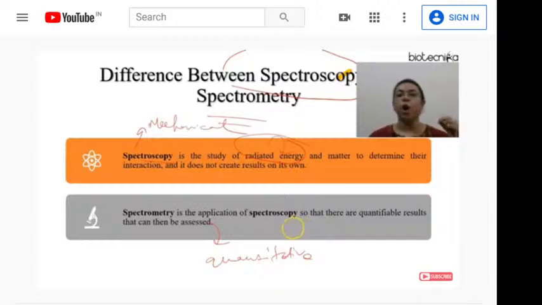Because most of the time we have this notion to quantify, like if I talk about protein quantification, definitely we have to go for this spectrometric study. And we all know that mass spectrometry is a very powerful analytical tool with high sensitivity and high mass accuracy, which is very important.